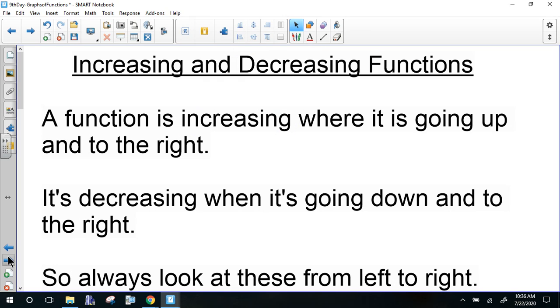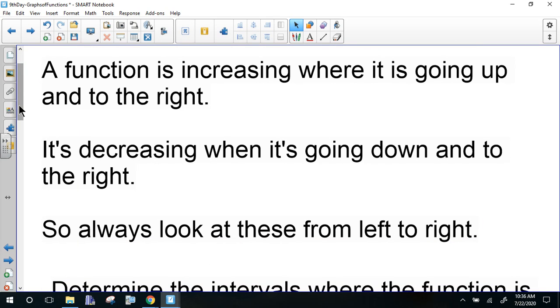We need to know where functions are increasing and decreasing. A function is increasing where it's going up and to the right. Okay? Up and to the right. So that's increasing. It's decreasing when it's going down and to the right.